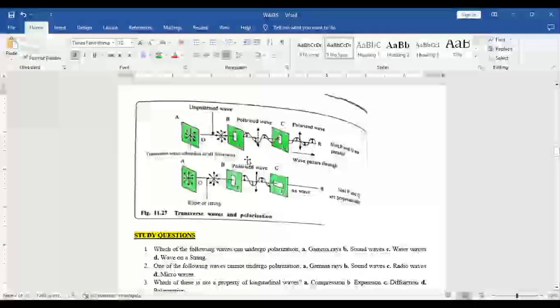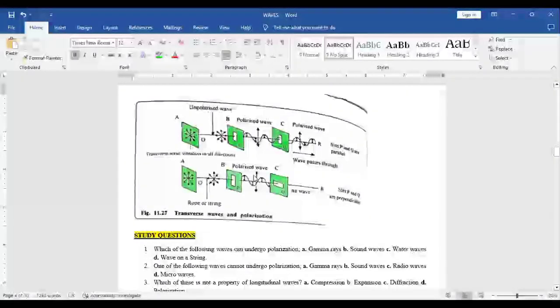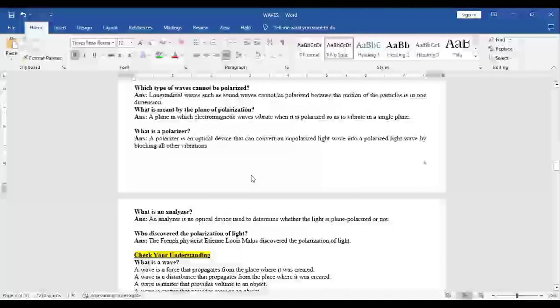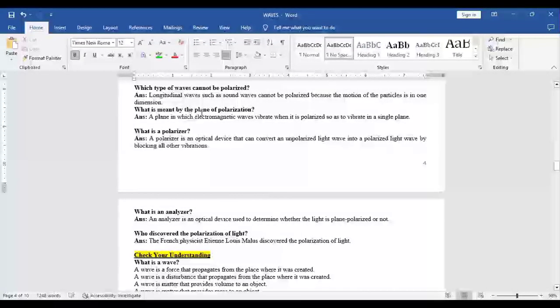Okay, let's go back to our question once again. What is meant by the plane of polarization? A plane in which electromagnetic waves vibrate when it is polarized is known as the plane of polarization.